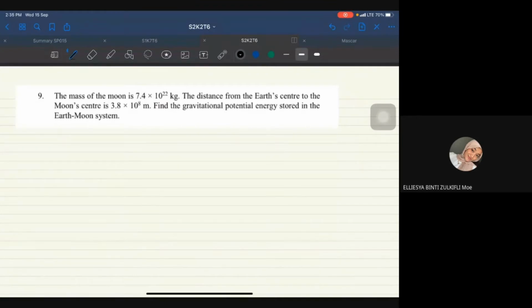Okay, so this kind of question, first thing first, you have to draw lah. Walaupun dia nampak simple, maybe it's best if you can draw a little bit of something. Just gonna draw it. This is our Earth, and that one is our Moon. Okay, and the distance from the Earth center to the Moon center is given, so that should be much easier.